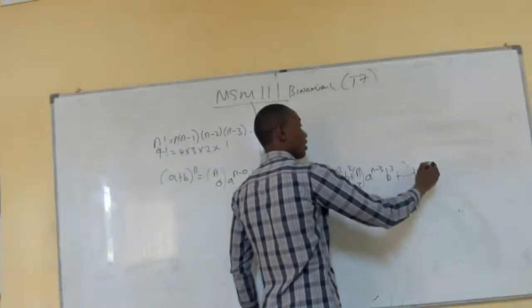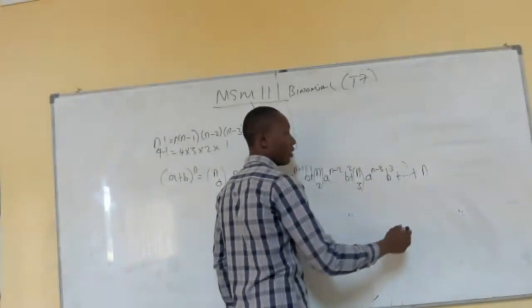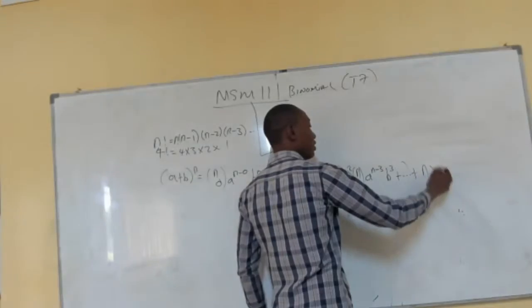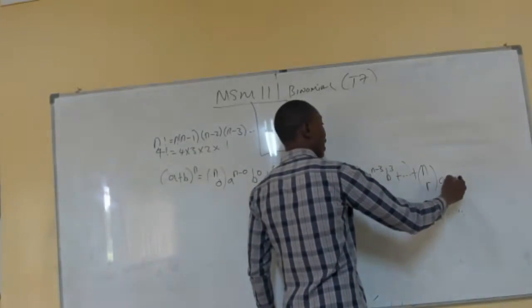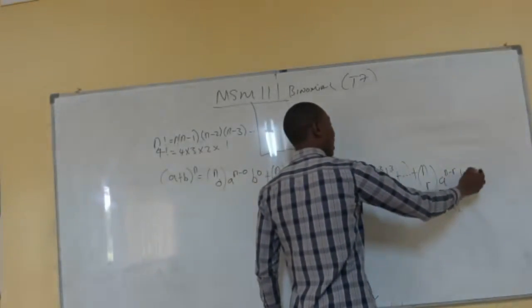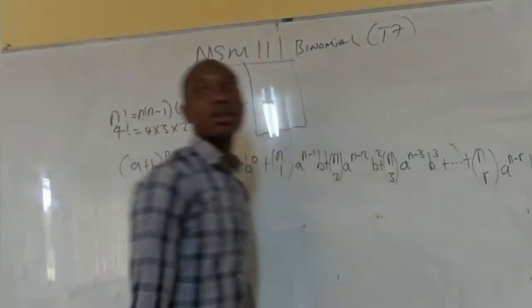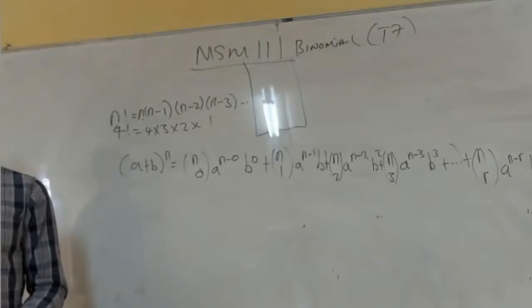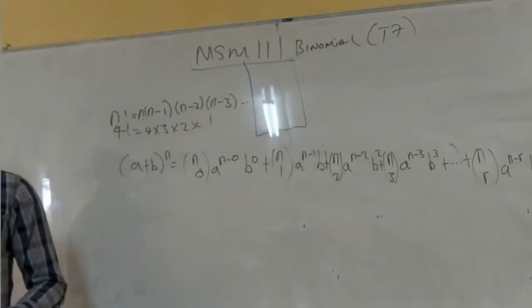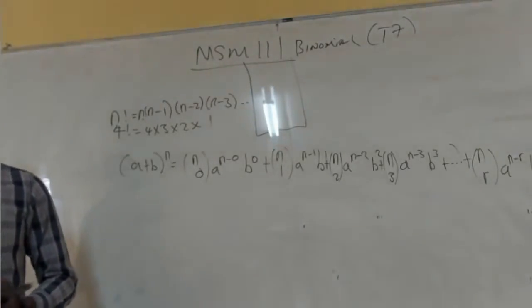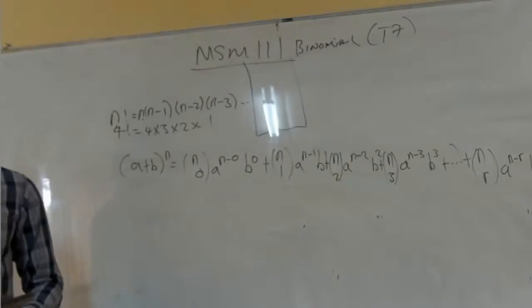The last one, this is not the last one though, n choose r, a to the power n minus r, b to the power r. Then it continues until you reach b to the power n. Okay, so that continues until you reach that far end, which is b to the power n.